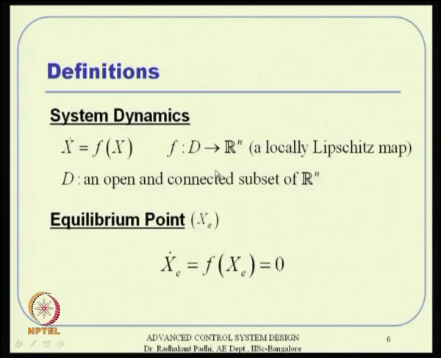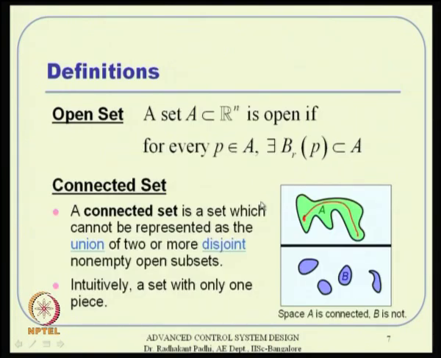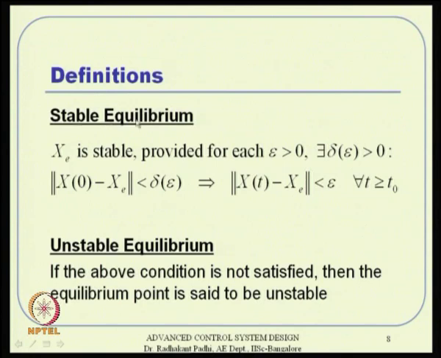So, what you are demanding here is D has to be an open set as well as a connected set, and it will admit some equilibrium points, and about each of those equilibrium points we want to know whether the system is stable, unstable, or locally stable or globally stable, or there are various concepts. And when you talk about nonlinear systems, the definitions have to be carefully remembered. So, that is what takes us to a few more definitions and concepts. Okay. First is what you mean by stable equilibrium.